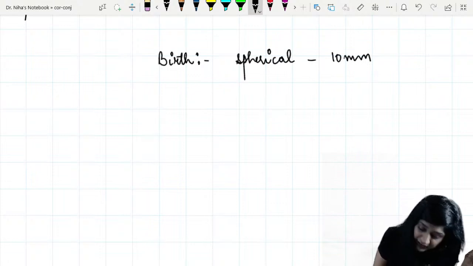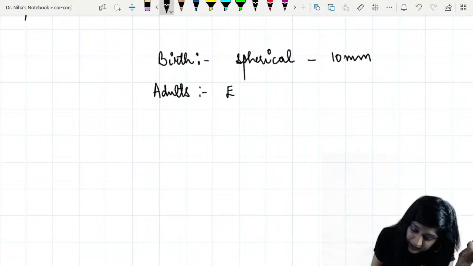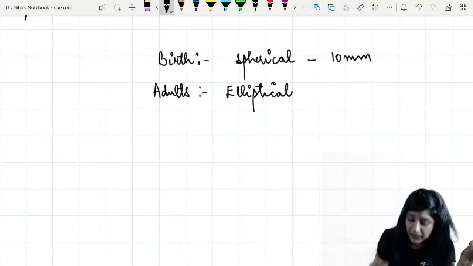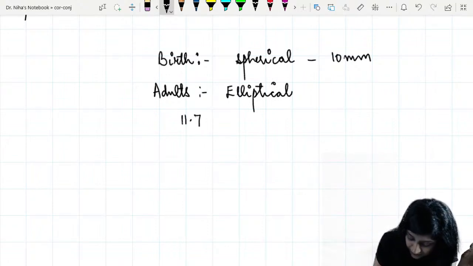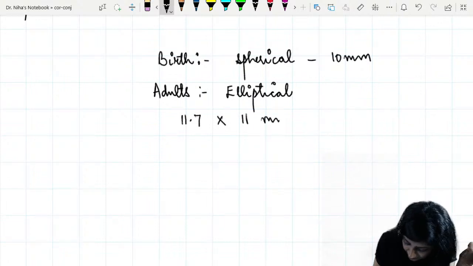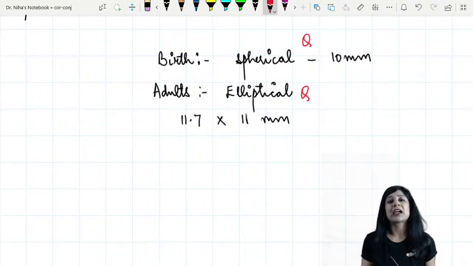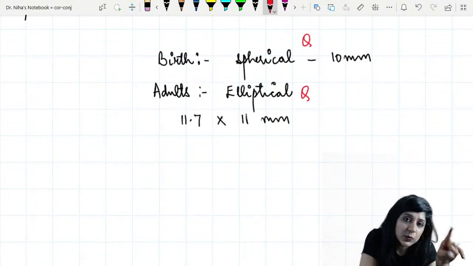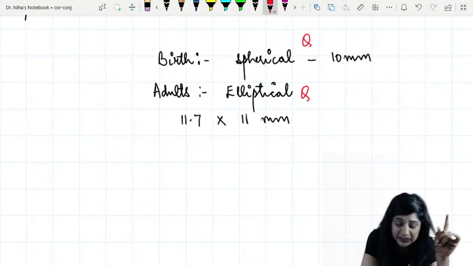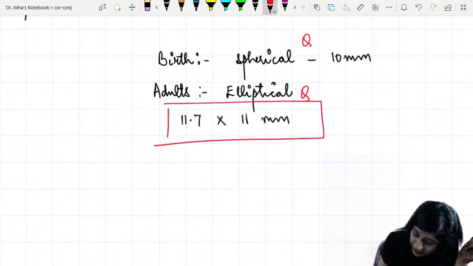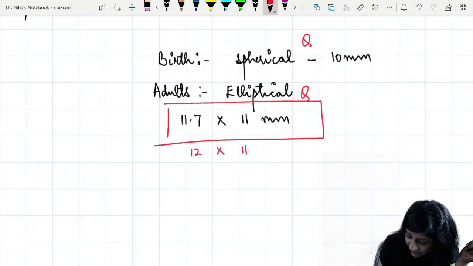In adults, it is elliptical in shape, and the dimension is 11.7 into 11 mm. This is the difference in shape and size: at birth it is spherical, so it has equal diameters, but in adults it is elliptical, so we have 11.7 into 11. Roughly you can also remember it as 12 by 11 mm.